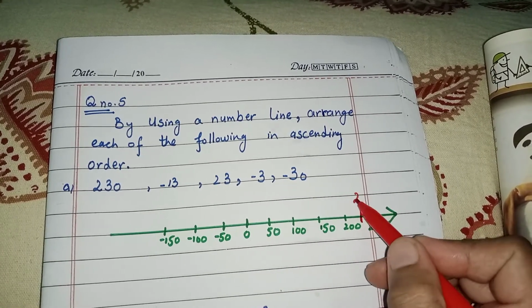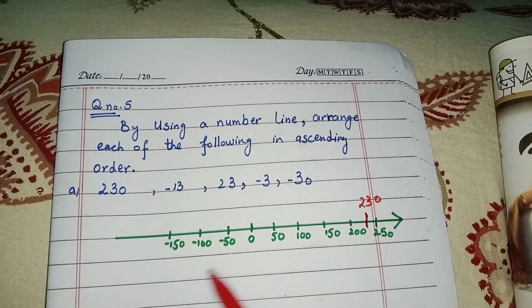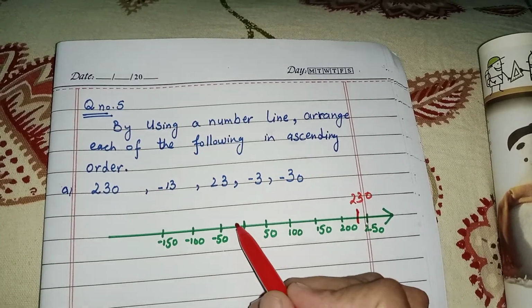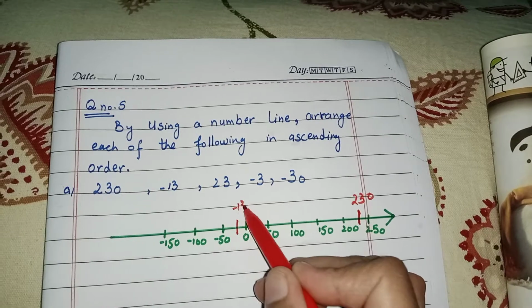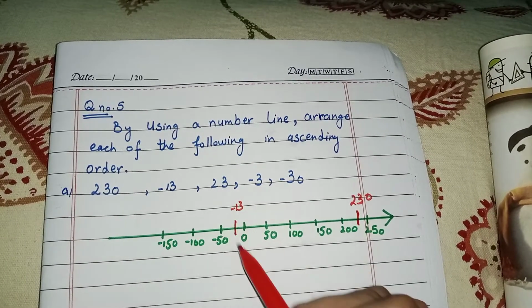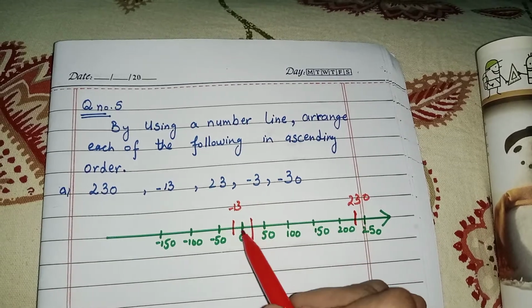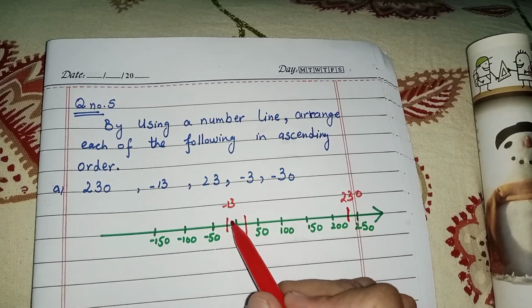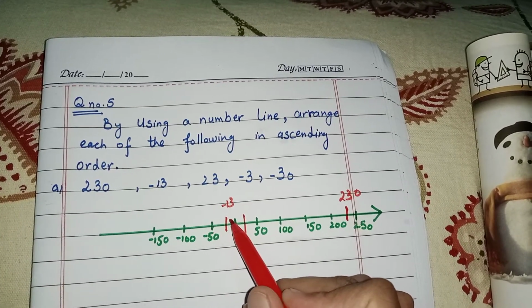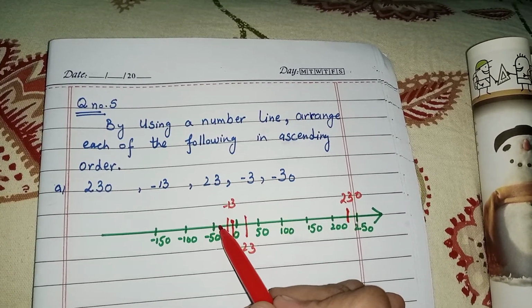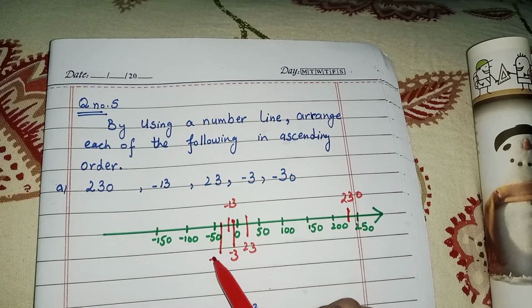Here I represent 230. Minus 13 is represented between 0 and minus 50. Here I am representing minus 13. Then 23 is represented as this and minus 3 is represented here and minus 30 is represented here.